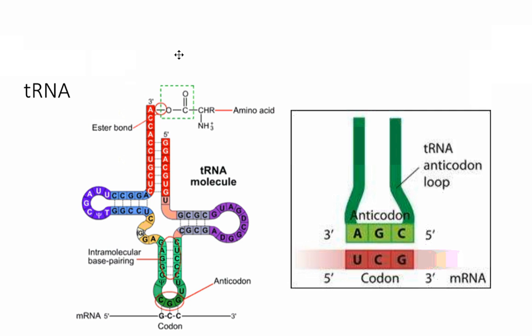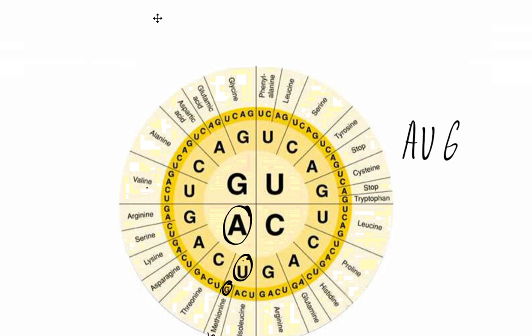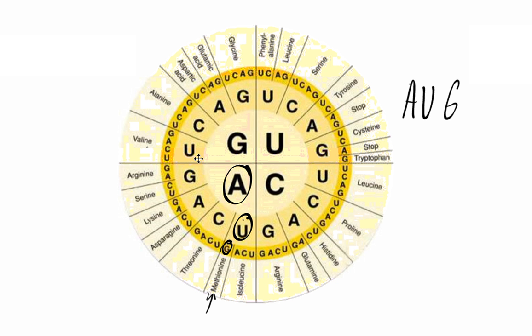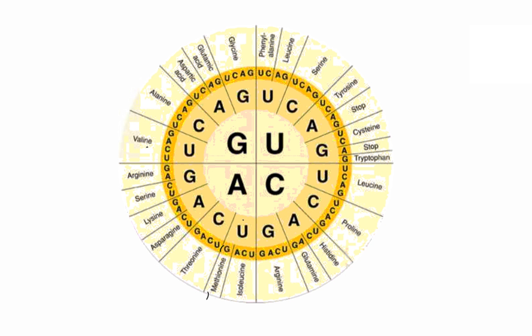There's another chart that I don't have, and it's a big square chart that we'll learn to use as well, but it's similar. This wheel chart is much easier to use, and so we will use this as well. Let's take another one.